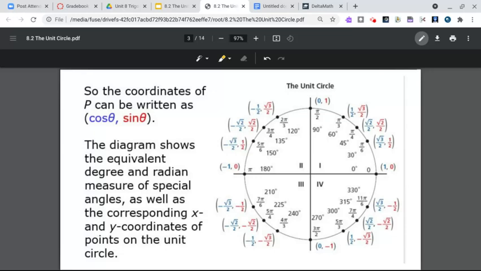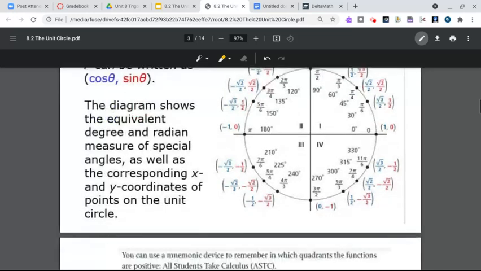When you are being asked for the exact sine value, you are looking at the y coordinate of the ordered pair. When you are being asked for the exact tangent, you are doing y divided by x. Okay? So let's practice some of this.